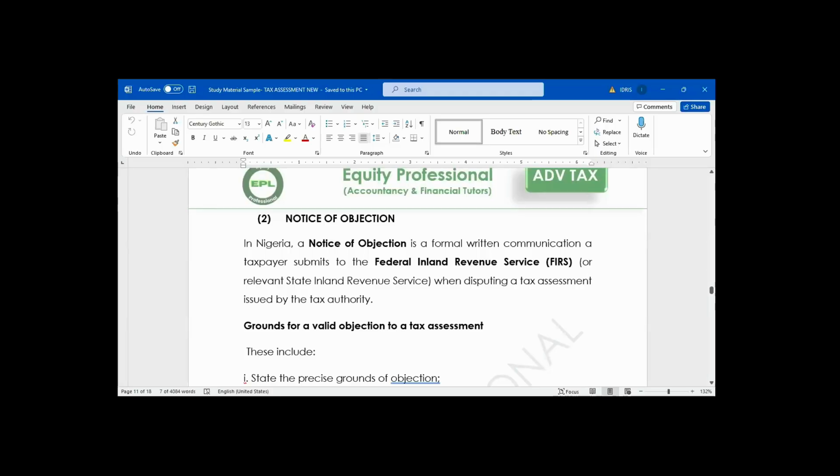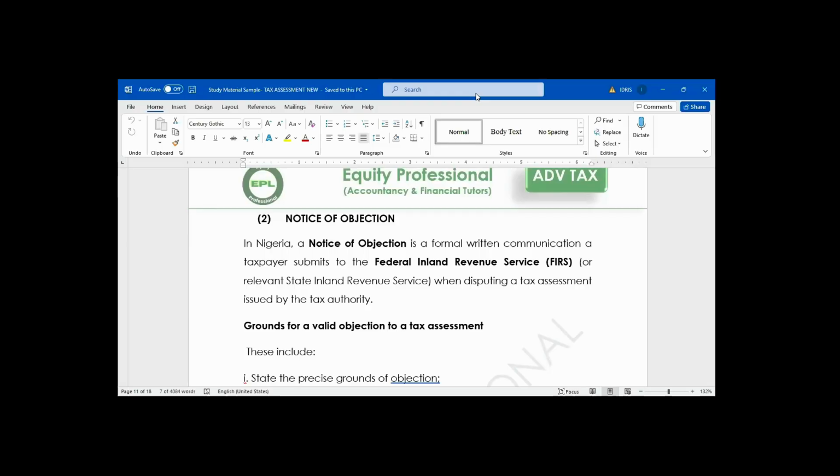The letter written by the taxpayer to the tax authority to dispute the notice of assessment. That letter is called notice of objection.